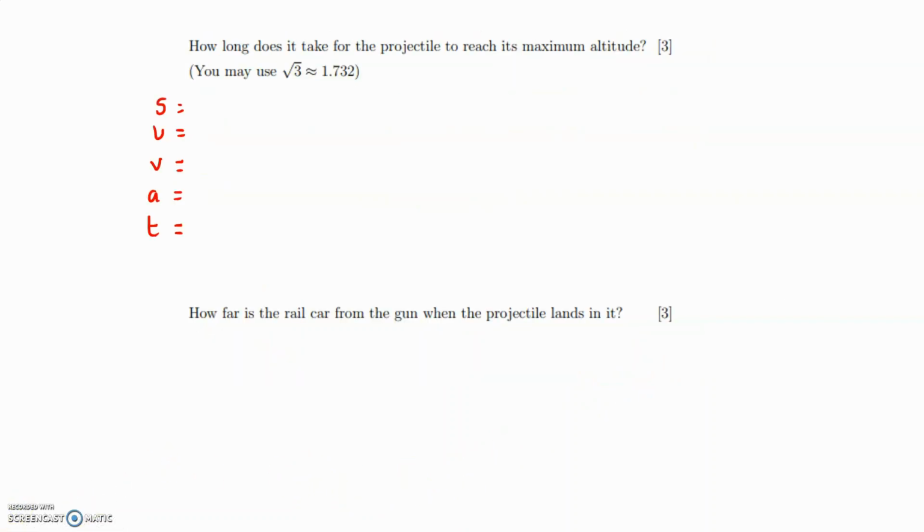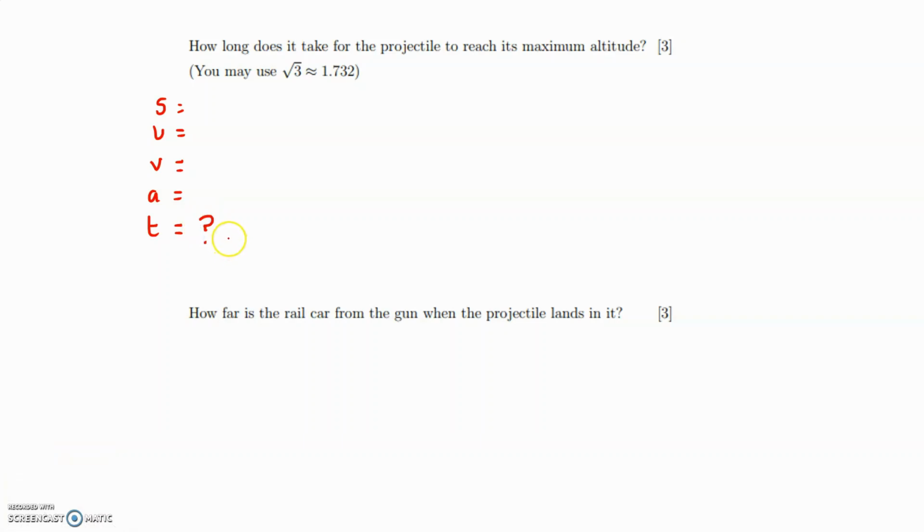Moving on to the next part of this question: how long does it take for the projectile to reach its maximum altitude, so its maximum height? We're going to use a SUVAT equation here, and we're trying to work out the time.